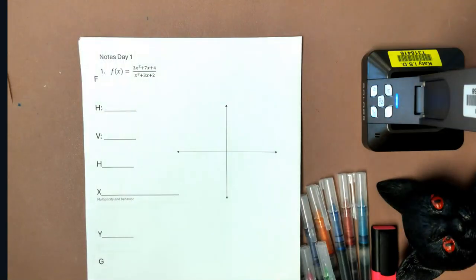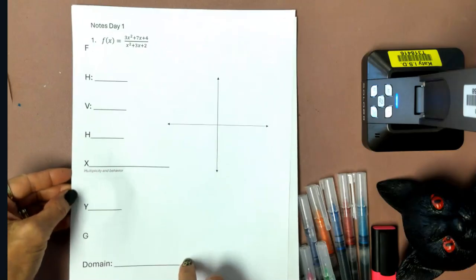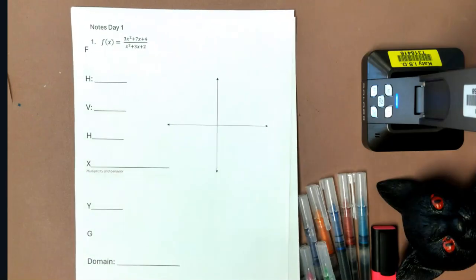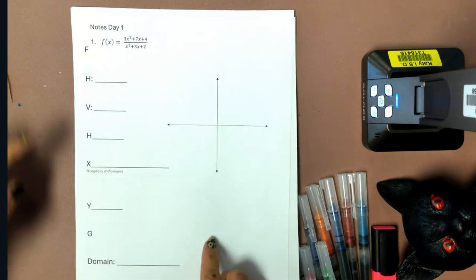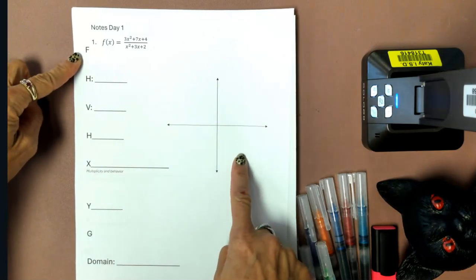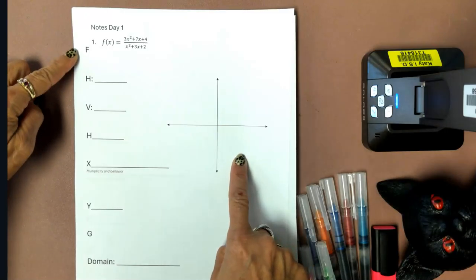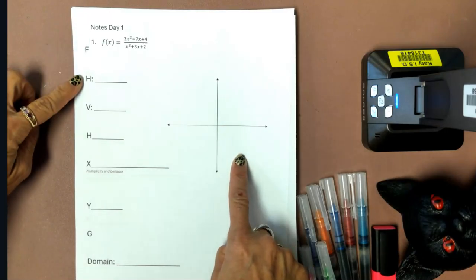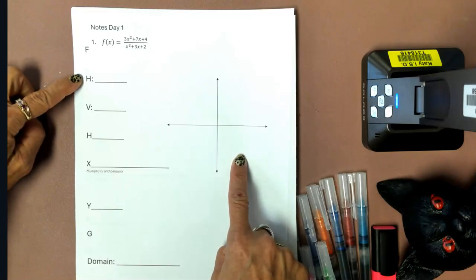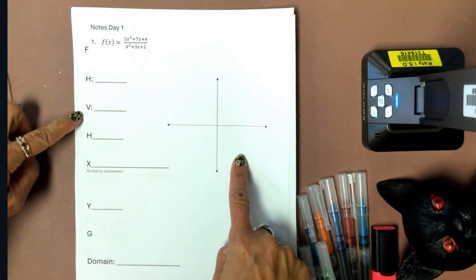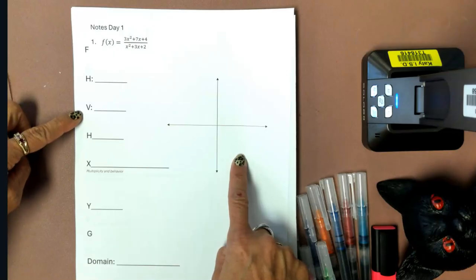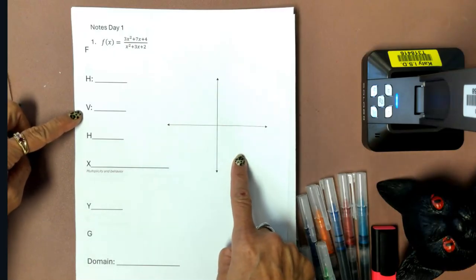For our first example, as you can see, we're going to have several steps to complete this graph. Here's what these letters stand for, and they are in order to be able to graph this with a fair amount of time being saved. The first thing we're going to do is factor. The second thing is to find any holes or removable discontinuities. This V stands for vertical asymptotes, which of course are infinite discontinuities.